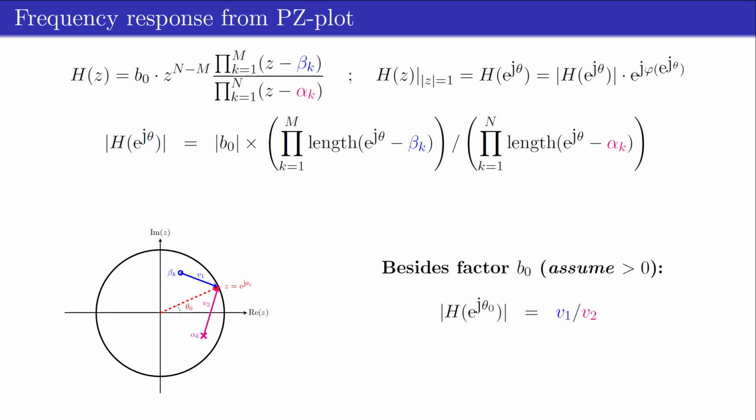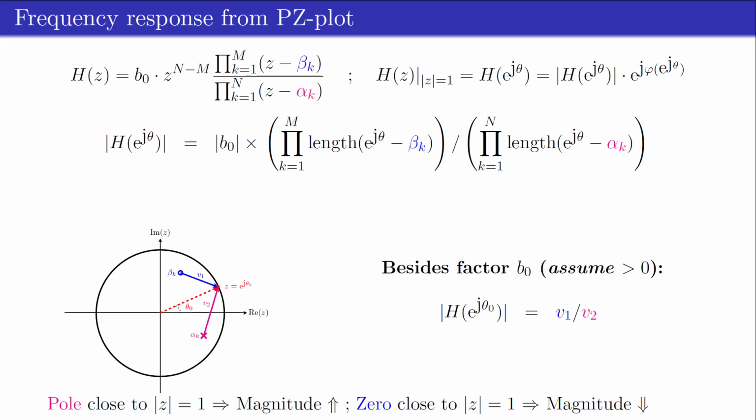In other words, the contribution of the zero at z is β_k and the pole at z is α_k to the value of the magnitude of the frequency response at frequency θ0 is equal to v1 divided by v2.